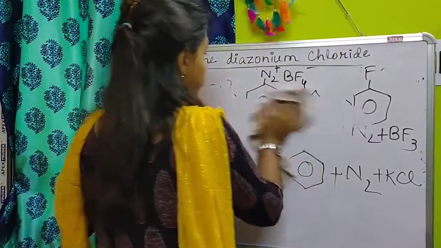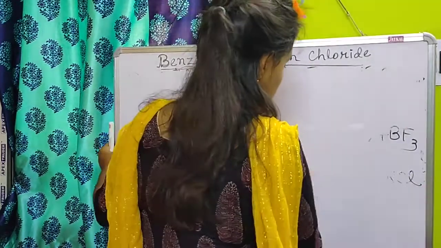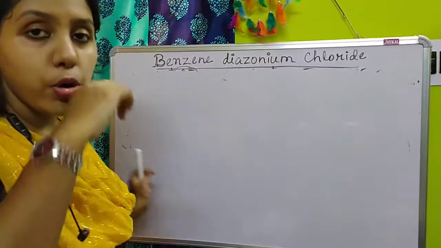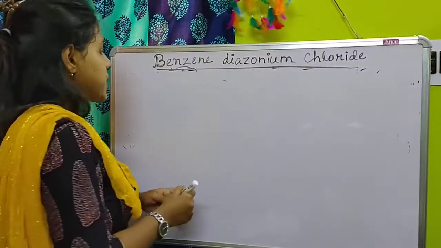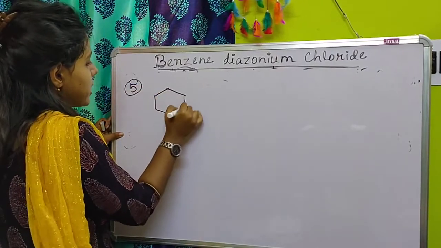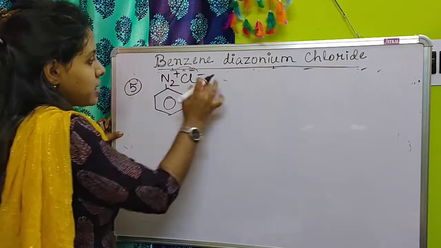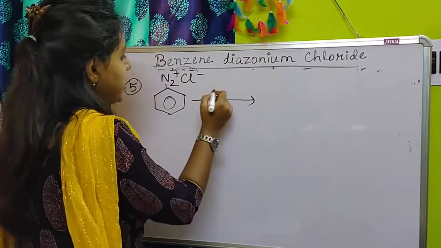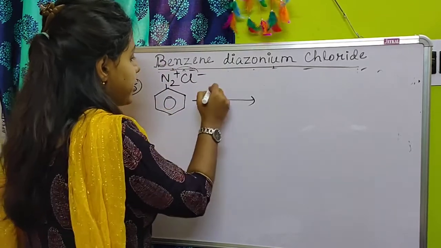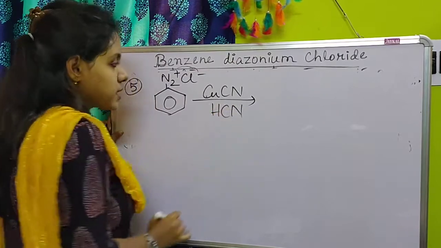Next, all the reactions are of this same type. Suppose we want to add cyano group, or nitrile group, CN. So again, we have to start from benzene diazonium chloride, N2+ Cl-, and then you are adding here, just like the Sandmeyer reaction, copper cyanide in presence of hydrogen cyanide.